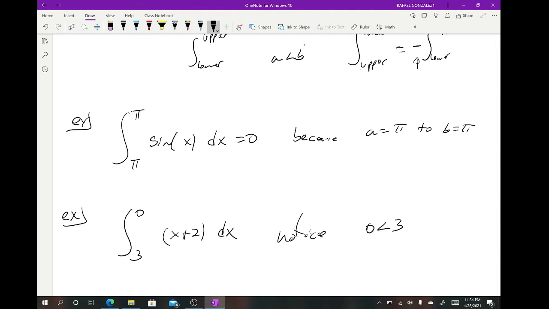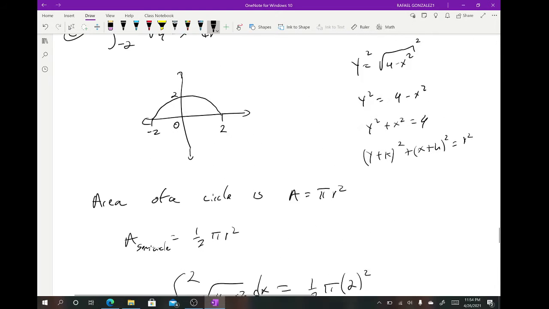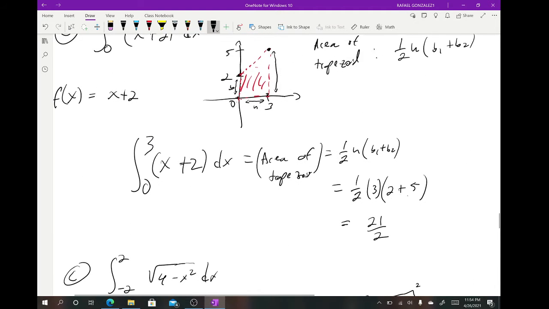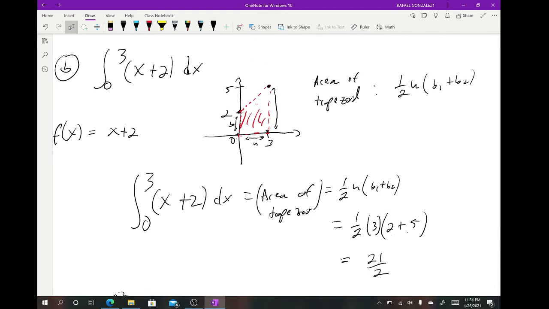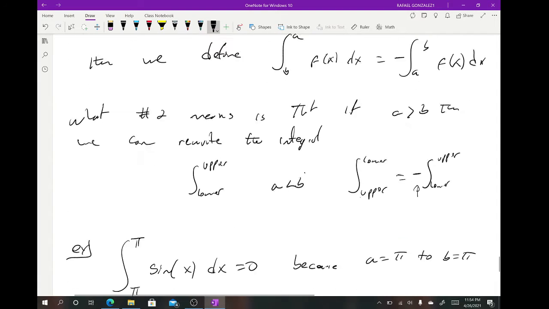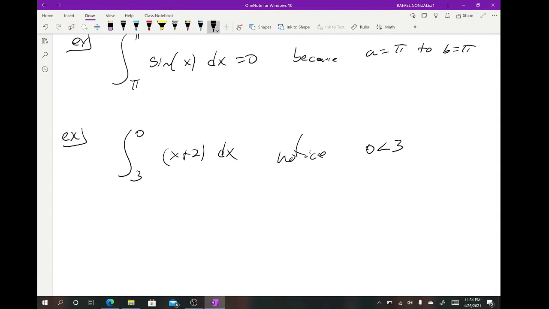Now this example is the one that we did earlier in the first part of this video, which is the trapezoid, which has 0 to 3. And we know that that is equal to 21 over 2. So by our second rule now, we could rewrite this as negative the integral from 0 to 3 of x plus 2 dx, and we know that this part is equal to 21 over 2.